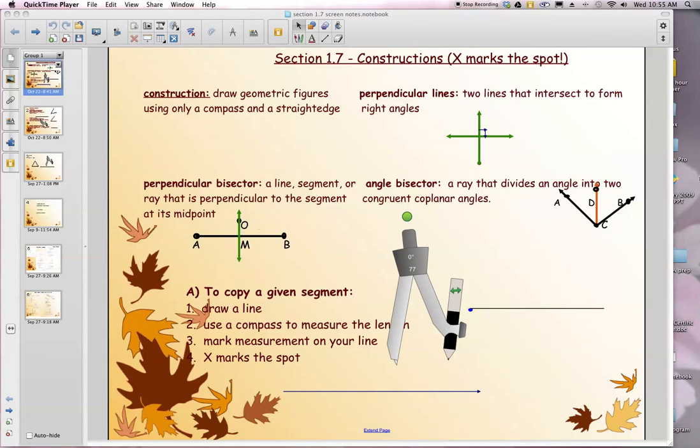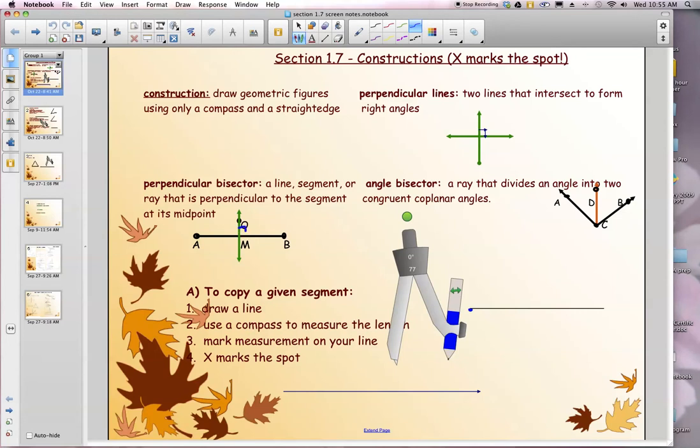In other words, it makes the right angle with the other segment, but it also bisects the segment. It cuts it into two equal parts. So the point where it goes through would be the midpoint. So the distance from A to M would be the same as the distance from M to B. Those two segments would be congruent. So a perpendicular bisector not only makes right angles, but it also bisects a segment and cuts it into two equal parts.